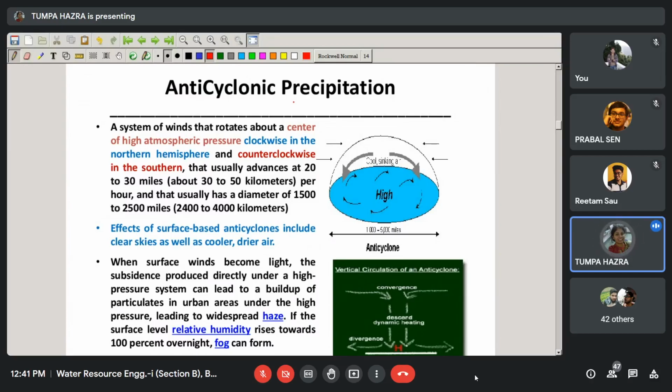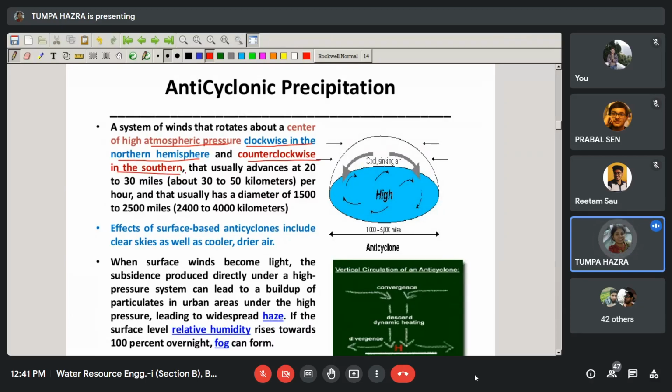But for anticyclone, with high atmospheric pressure, it is associated with clockwise wind motion in the northern hemisphere and anti-clockwise wind motion in the southern hemisphere.